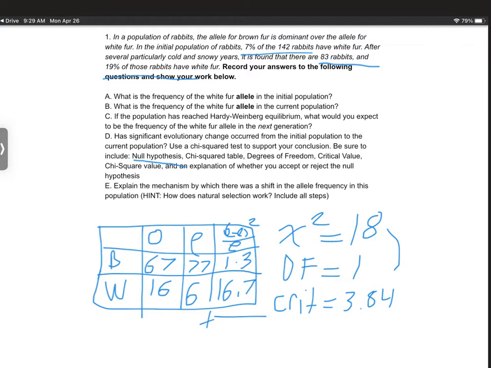There's variation in that population. In the particularly snowy environment, having white fur is a beneficial trait because that allows the rabbits to blend in and not get eaten as easily by predators, which increases their chances of surviving, which increases their chances of growing to adulthood and reproducing successfully.